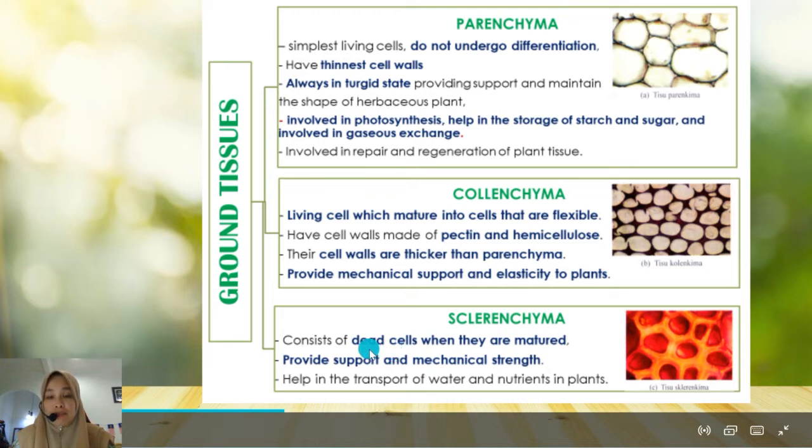It becomes dead when it matures. And what is the function of the sclerenchyma tissue? It will help in the transport of water and nutrients in plants. That is the ground tissues.